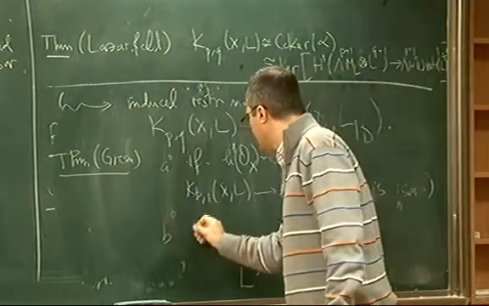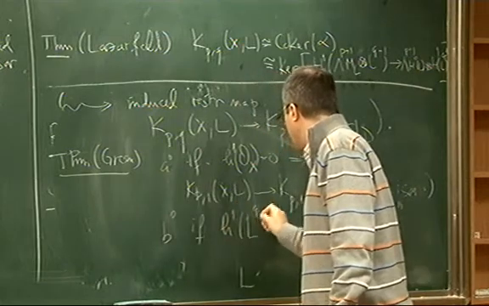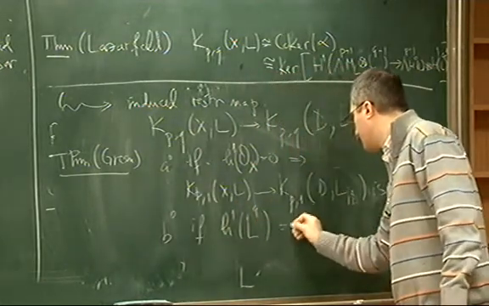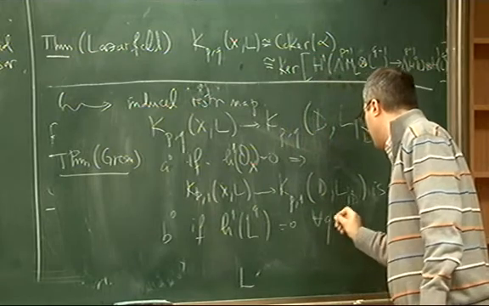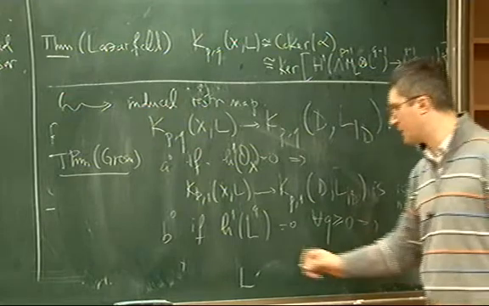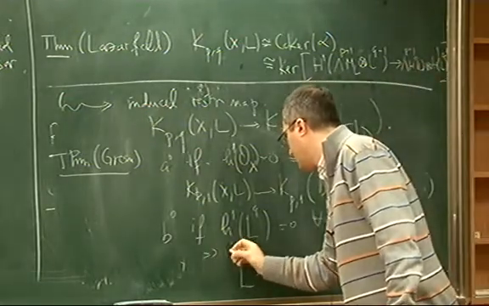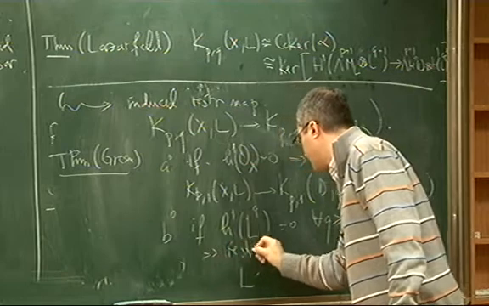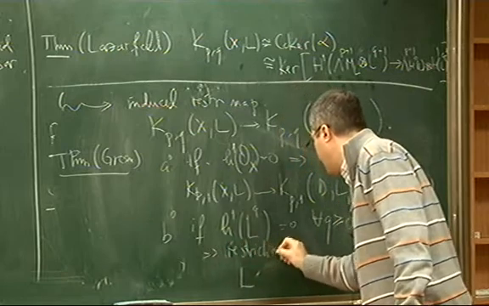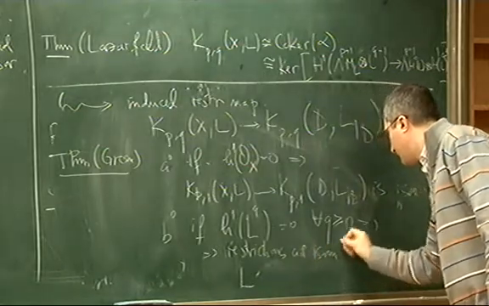And if H1 of L to any positive power is 0, then the same is true for any K_{p,q}. And the restrictions are isomorphisms for all p and q.